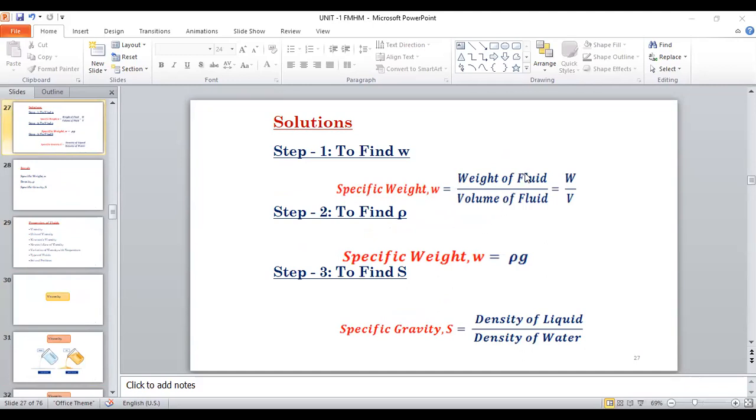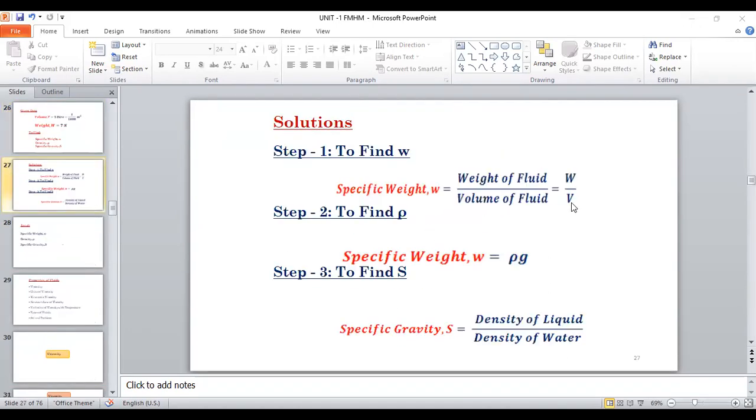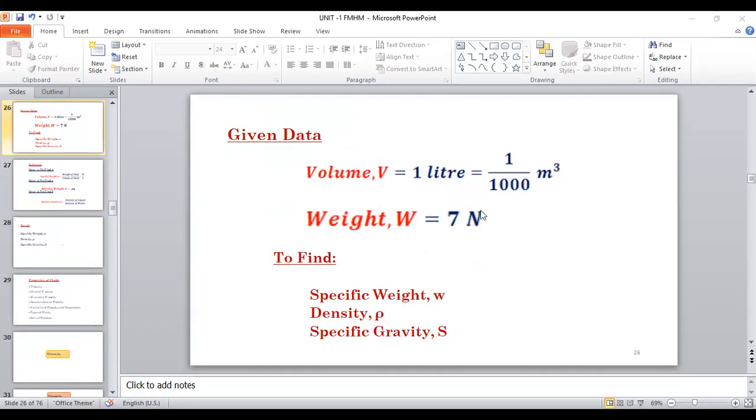Specific weight, small w, is given by the weight of the fluid to the volume of the fluid. Weight is given to us as 7 Newton, and volume we just found: 1 liter equals 1 by 1000 meter cube.